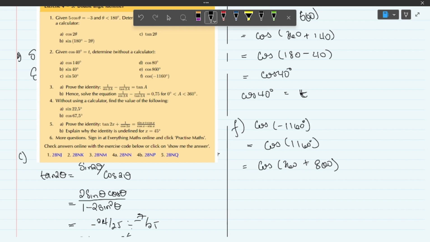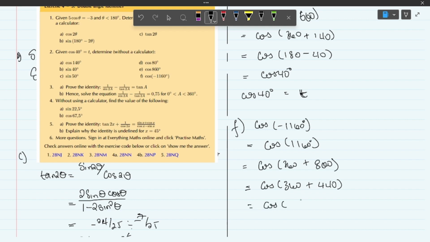And then when I reduce 800, it's gonna be cos of 360 plus 440. So it's gonna be 440, and then we're gonna reduce 440 again.